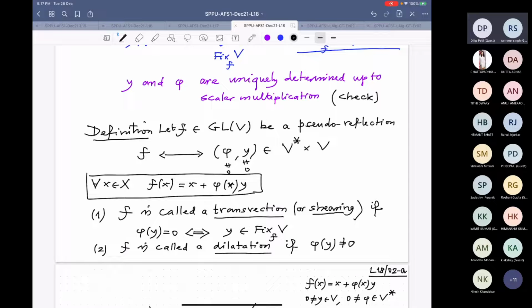These are uniquely determined up to scalar multiplication, and phi(y) is uniquely determined. Remember, phi(y) is a scalar. This scalar is uniquely determined by F. And this scalar, therefore, I will denote lambda of F. This is an element in K.